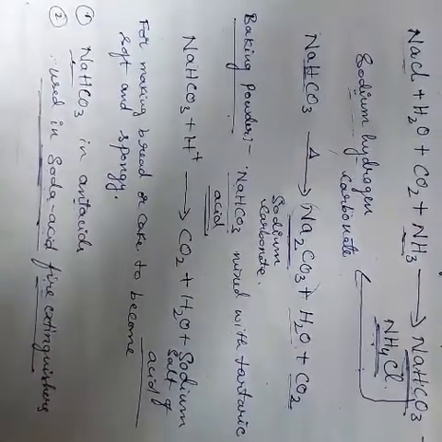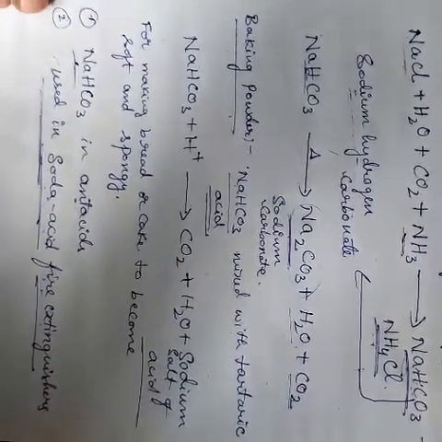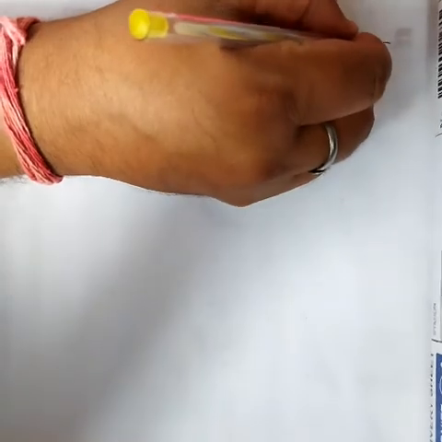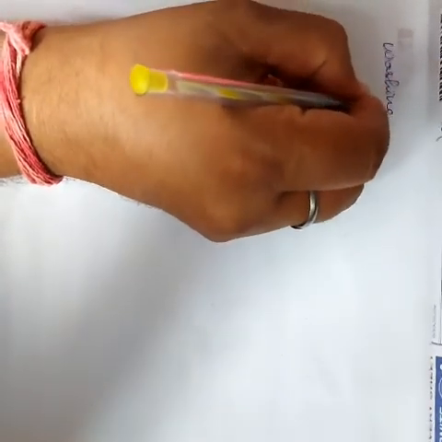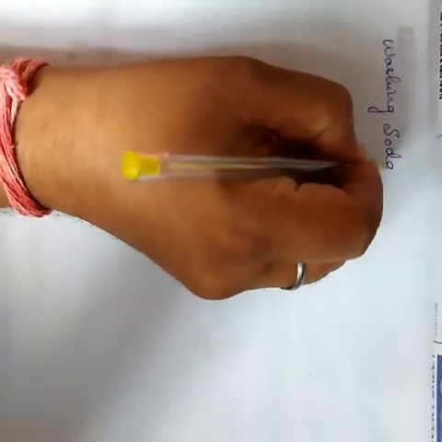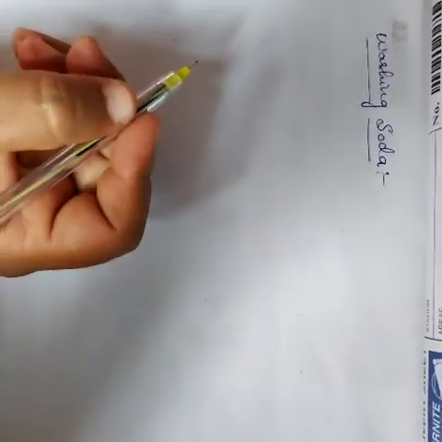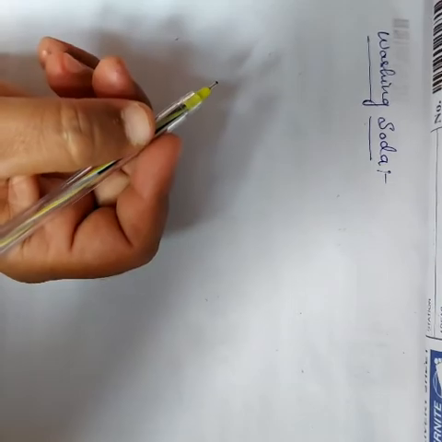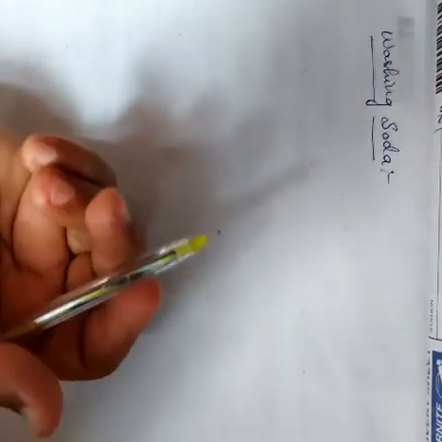Okay, next we go to the salt washing soda. Write down that point clearly. How is washing soda formed? It is also obtained from the raw material sodium chloride.